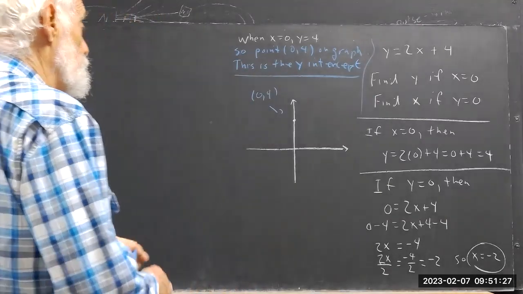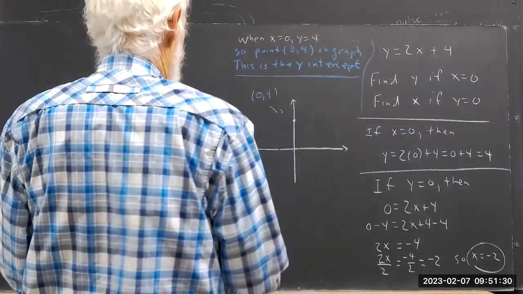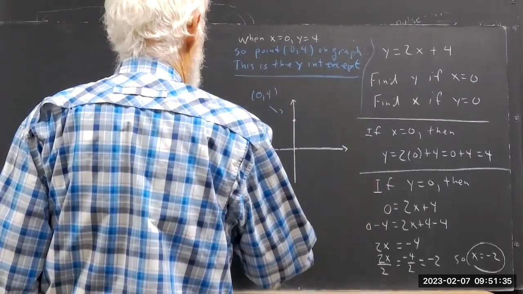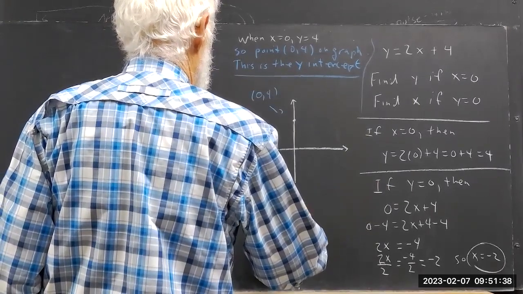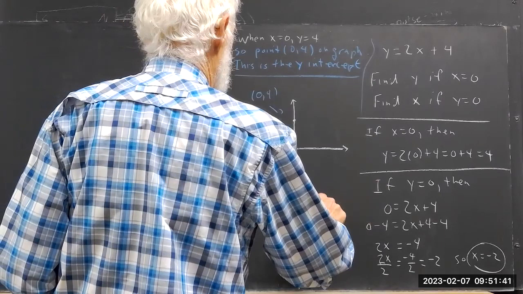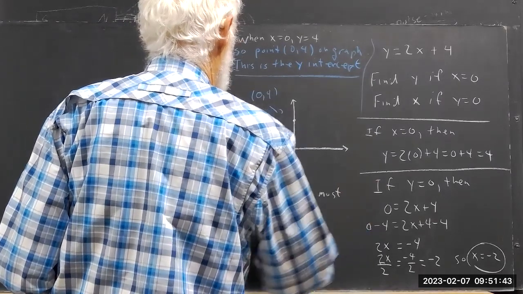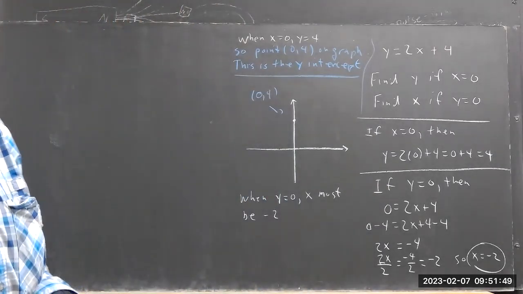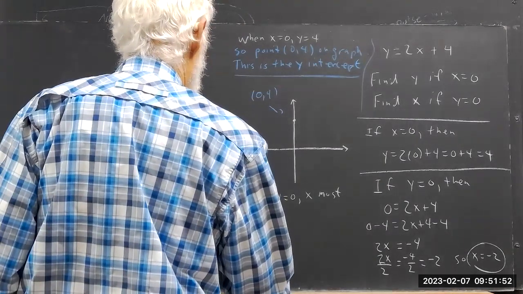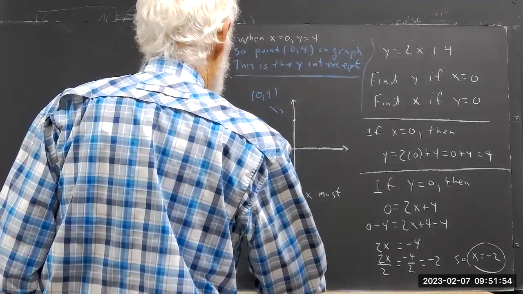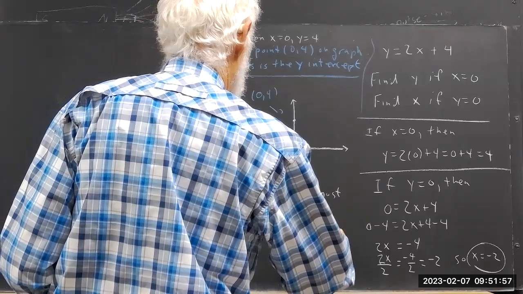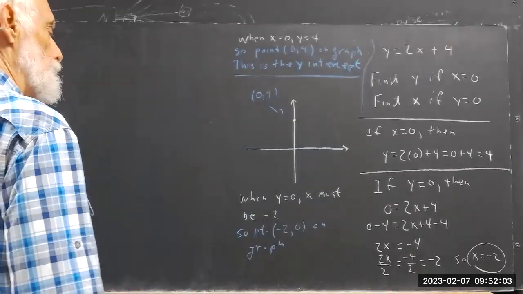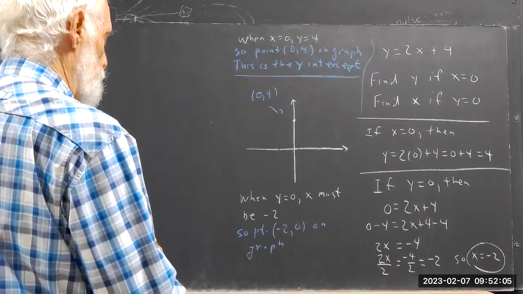All right. So the other thing we get from down here is that for y equals 0, x must be -2. So the point -2, 0 is on the graph. Where's -2, 0?